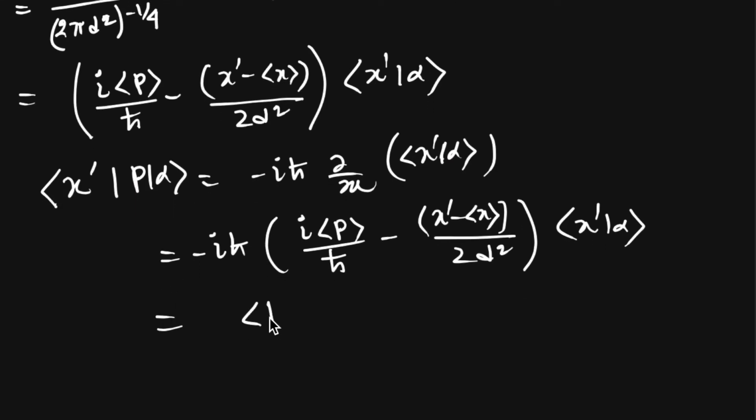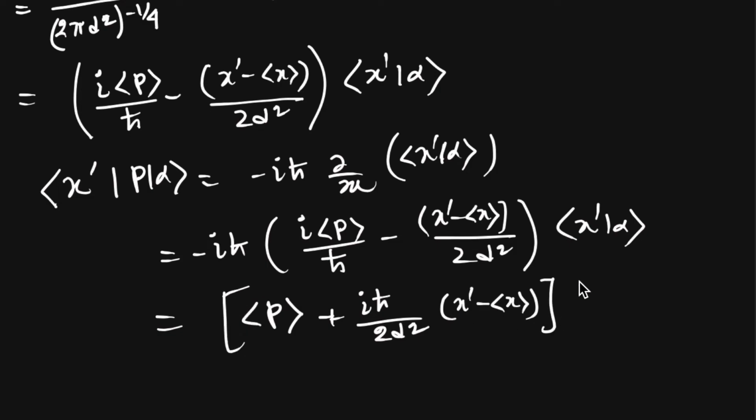That will be expectation of p plus i h-cut by 2 d square, x prime minus expectation of x, into x prime alpha.